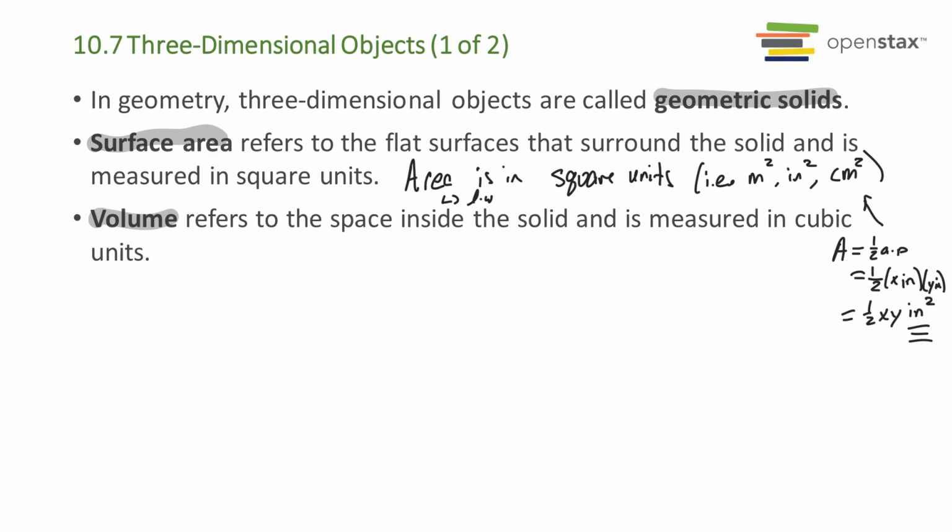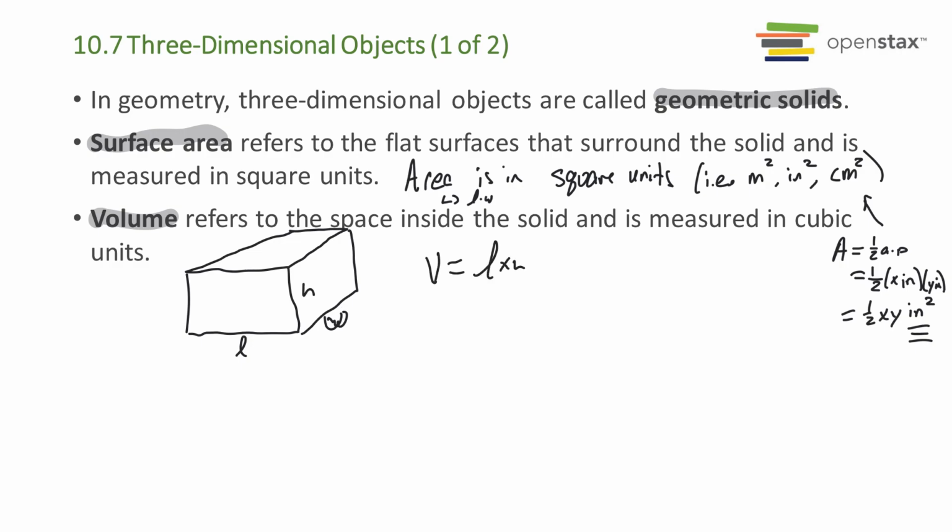In the case of volume, I just want to talk about it here, for things like a rectangular prism, you have length, width, and height. So you've got 3, length times width times height for the volume.